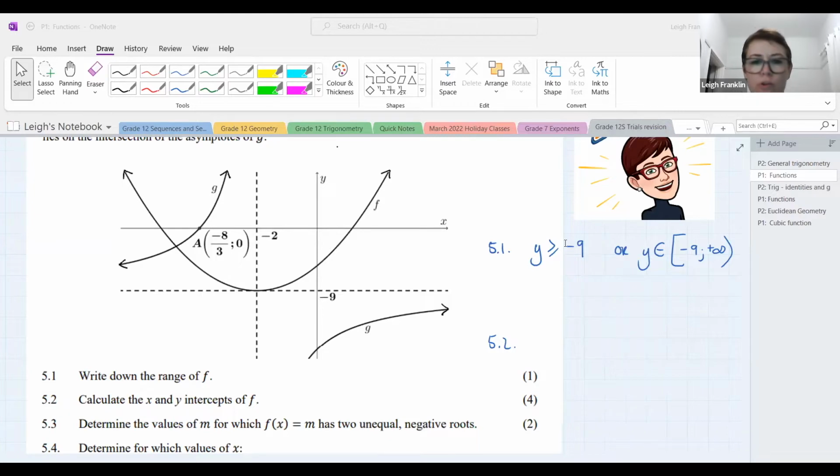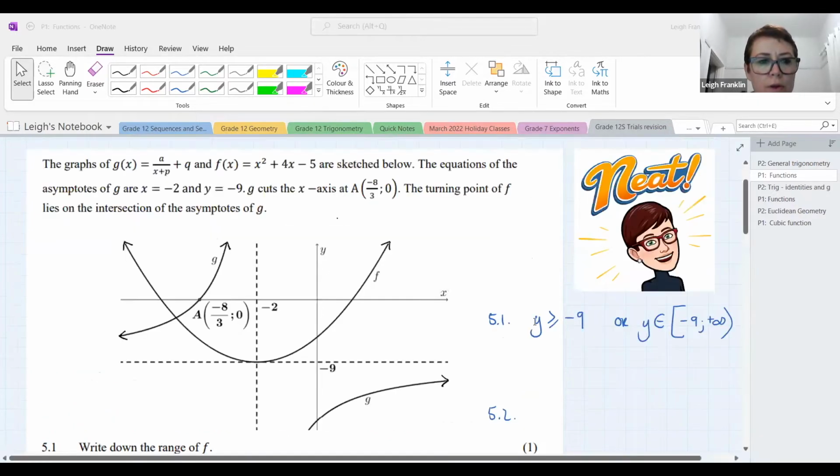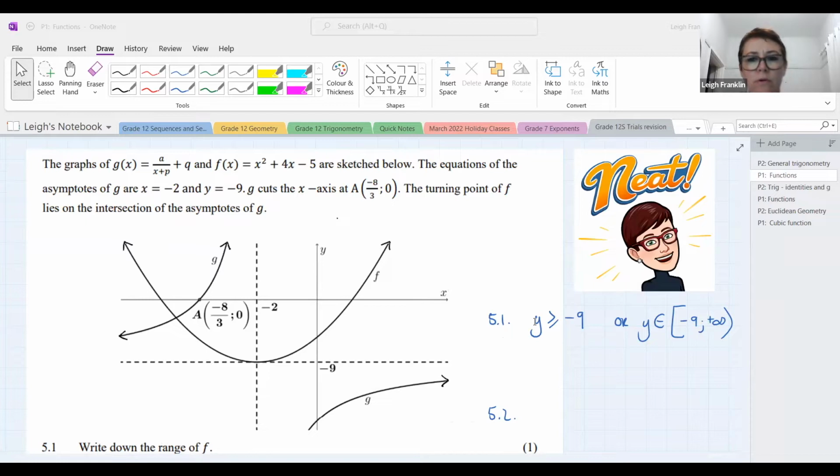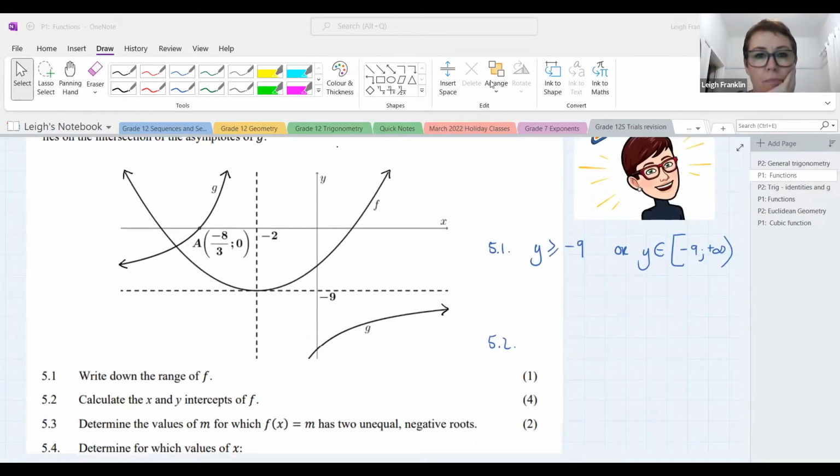You need the equation of f. Sure. There it is. There's the equation of f. No problem.